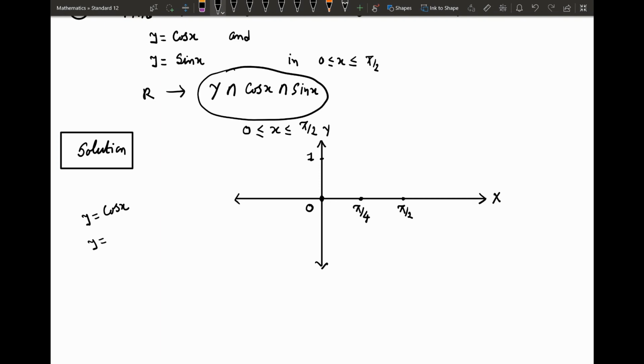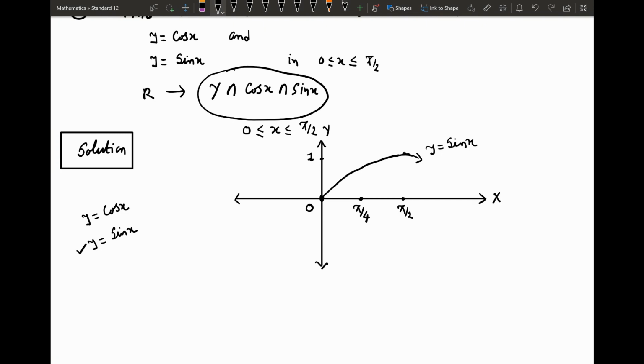We have to draw two graphs, y equal to sin x and y equal to cos x. First let us draw this graph. X 0, sin 0, 0, so y 0. X 90, pi by 2, then it will be 1. So this is the curve y equal to sin x.